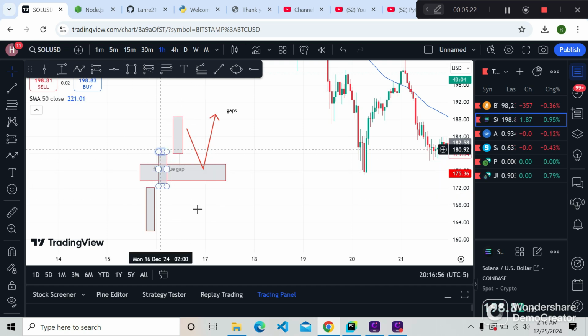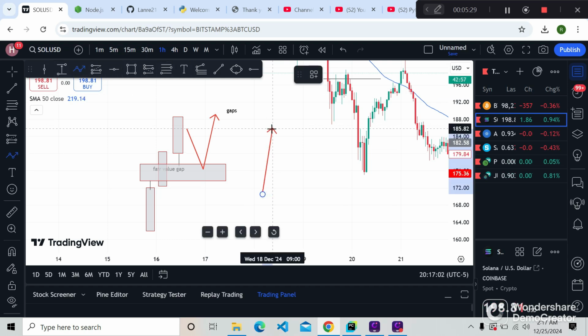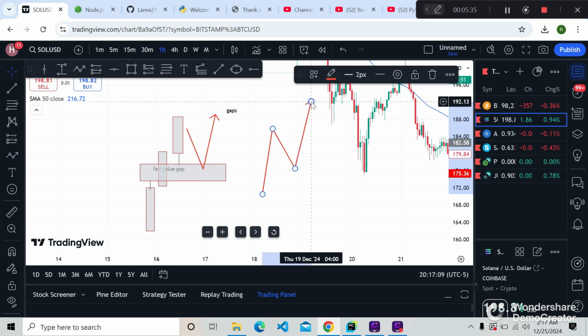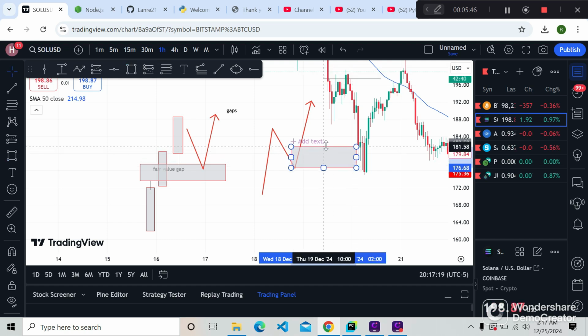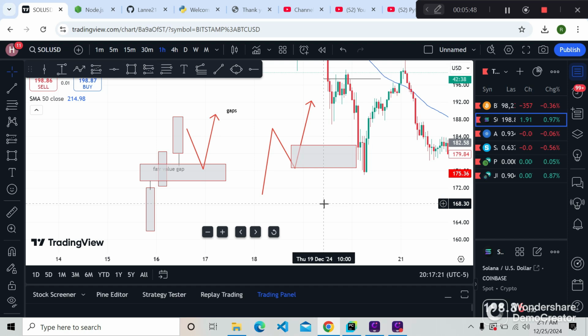When you open this on a smaller time frame, you might still see a support, a resistance, a support again, a resistance, probably like that. And most importantly, in most cases you might see an order block, which will also be in the area of your FVG. You understand? That is on the smaller time frame.